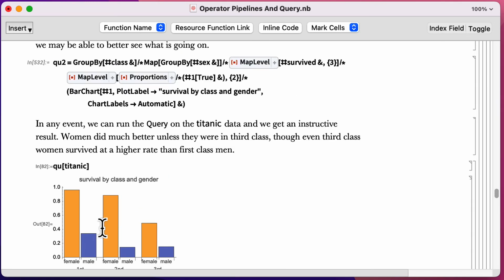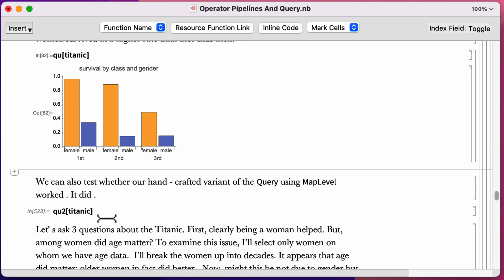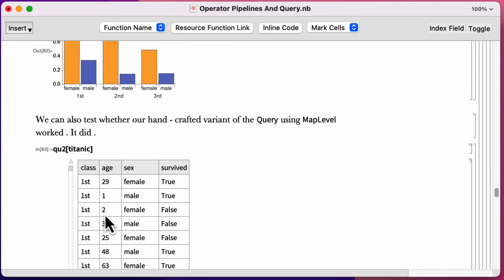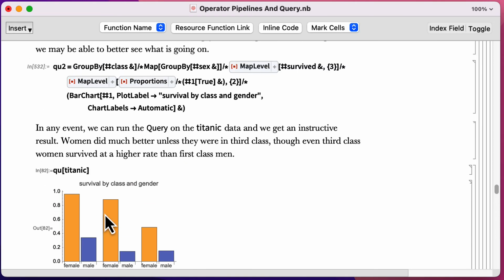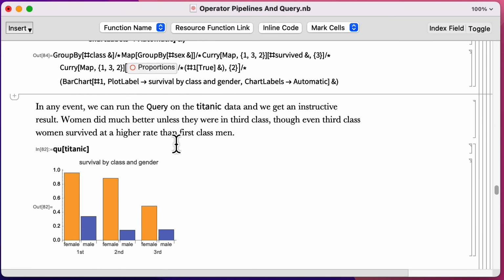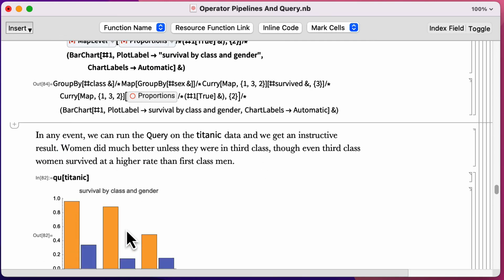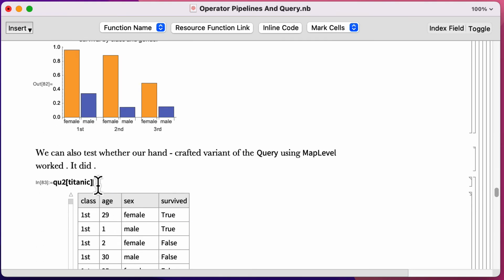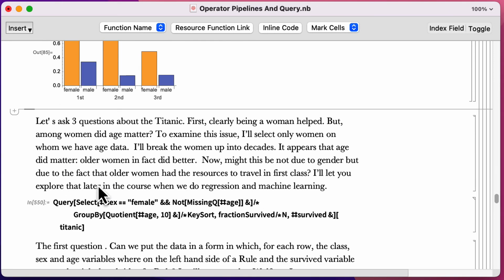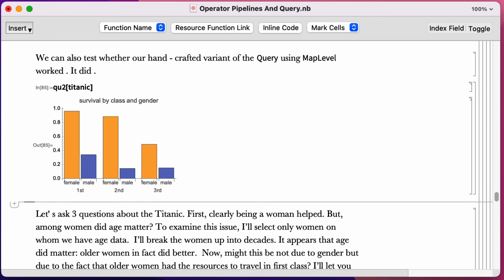And we ought to check just to make sure my handcrafted query in which I use the map level resource function works. Okay, once again, professor, remember to evaluate your code. And oh, by the way, do you see how we've got some currying going on there? I think I mentioned that earlier in the video. And yes, our handcrafted query worked.